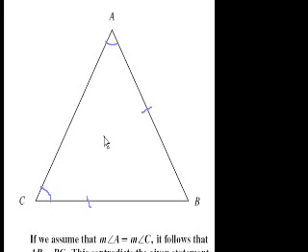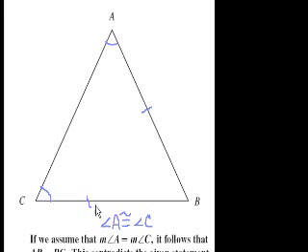If you have 2 angles that are congruent, or if the measures are the same, this is essentially saying that angle A is congruent to angle C. They just wrote it as the measures of the angles are equal, and that's the definition of congruence. If you have 2 angles that are equal, then the sides opposite those angles are also equal.